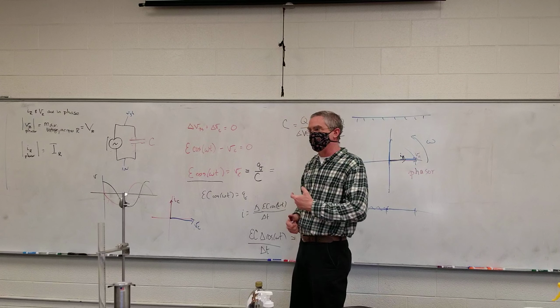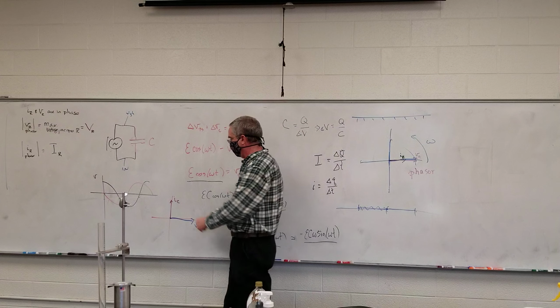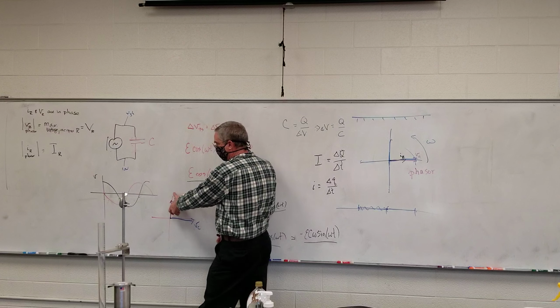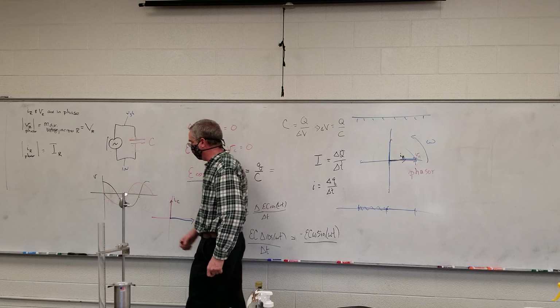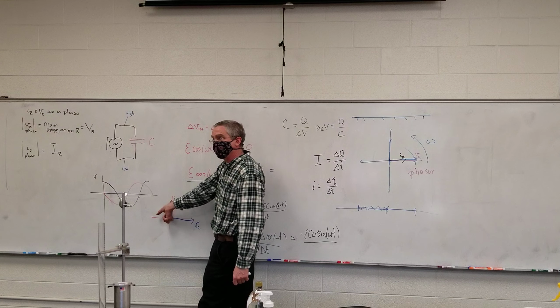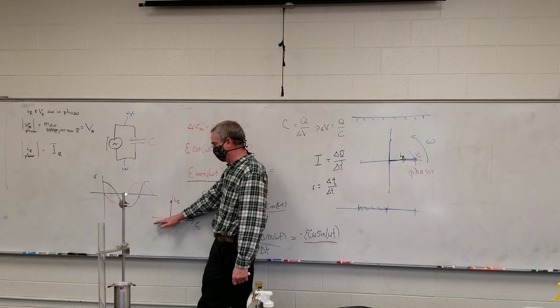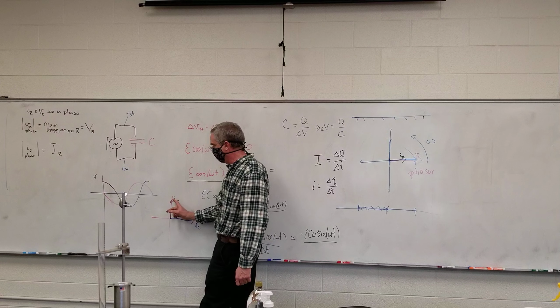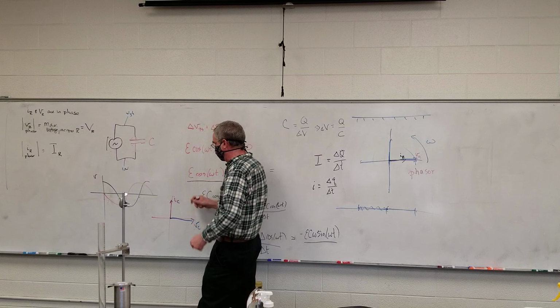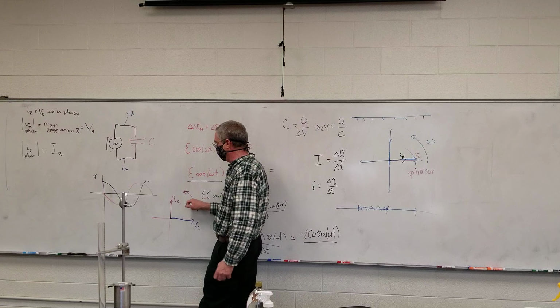That's the way the phasors need to be to match this, because as time progresses, this becomes less positive to 0. That's this black line right here. I sub c starts out at 0 and becomes negative, because the value is the projection onto the horizontal axis.